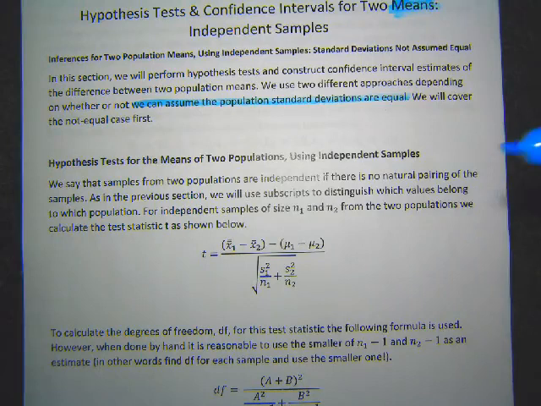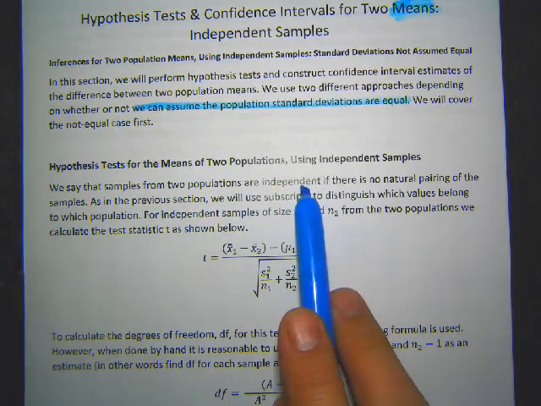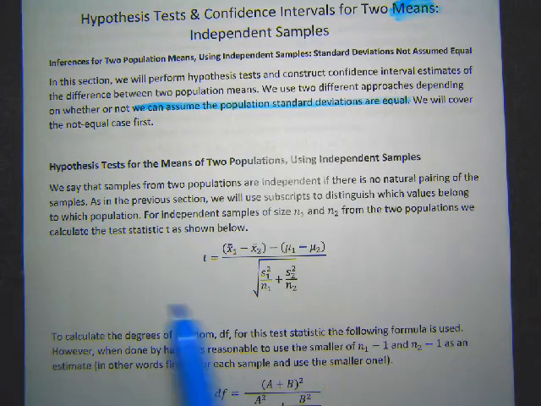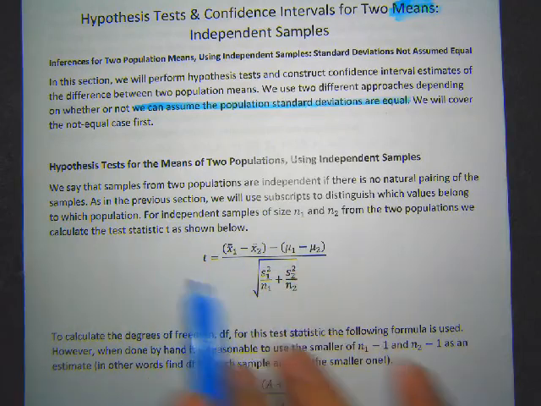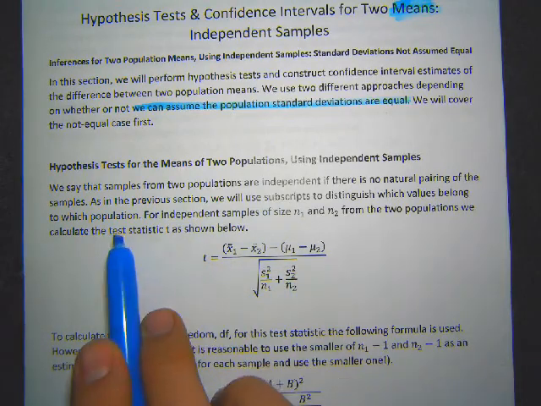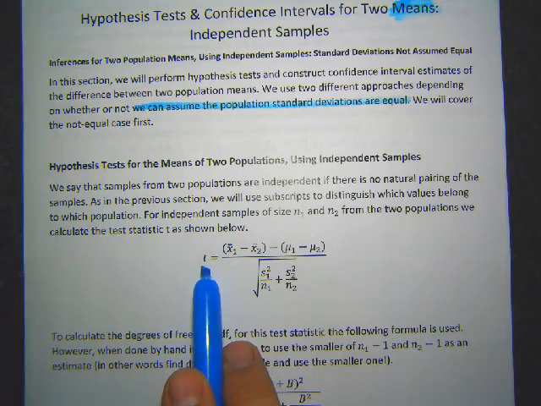Just like always, if we're doing a hypothesis test, we will need the test statistic. If you're working with two populations that are independent, so there's no natural pairing, no connections, like in the previous section, we'll use subscripts, n1, n2, sample 1, sample 2. And then this will be the formula for our test statistic. This will be a t-score.